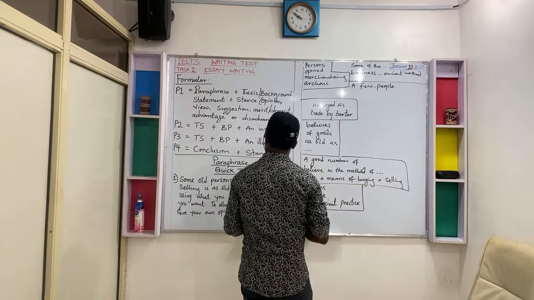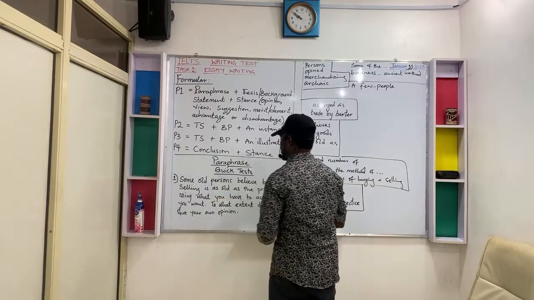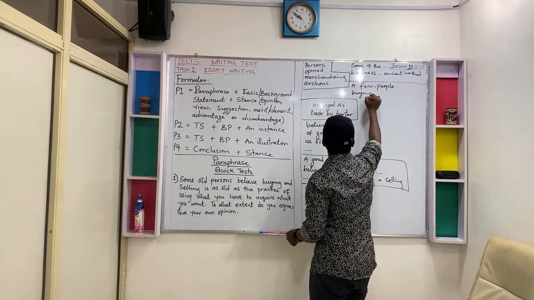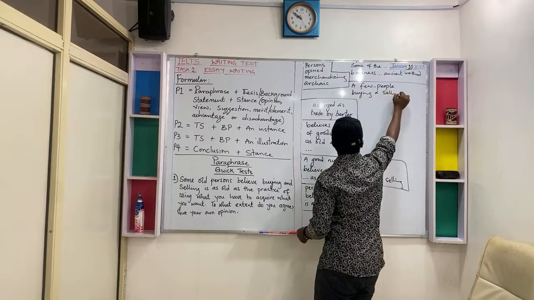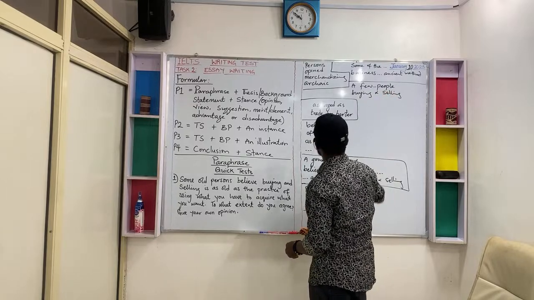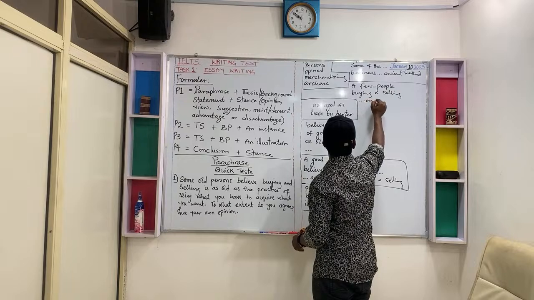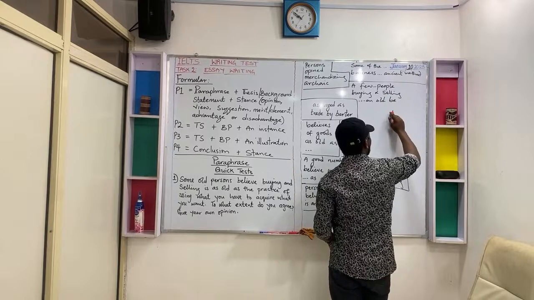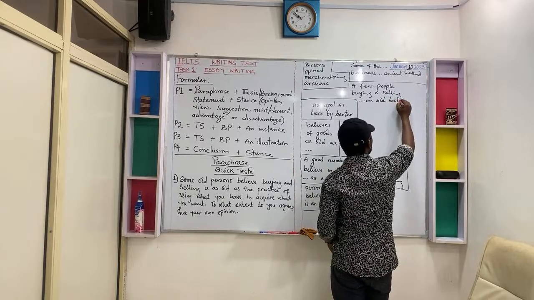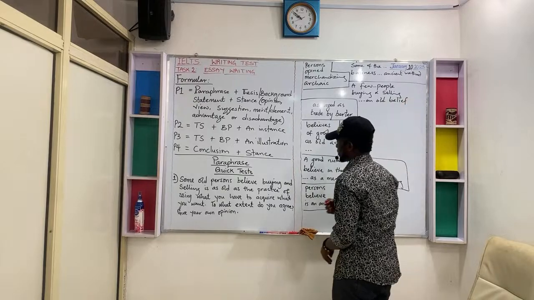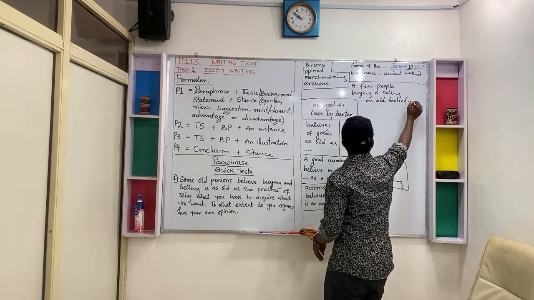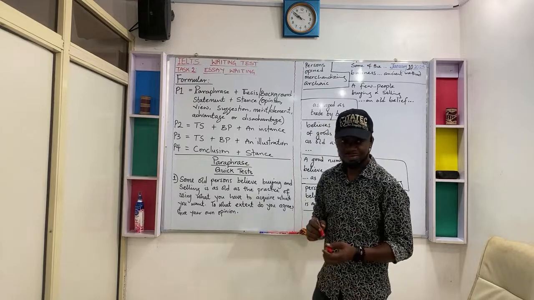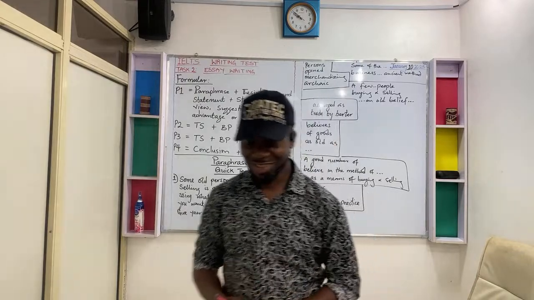Are of the opinion that buying and selling is an old belief of exchanging... Please spell your belief. B-E-L-I-E-F. Right, nice. Go ahead. Of exchanging what you have to get what you need. Ultimately, I do agree. All right. Thank you so much.